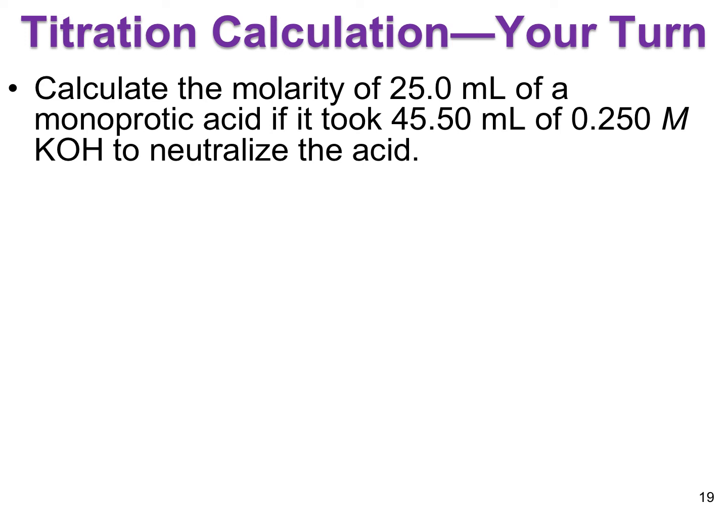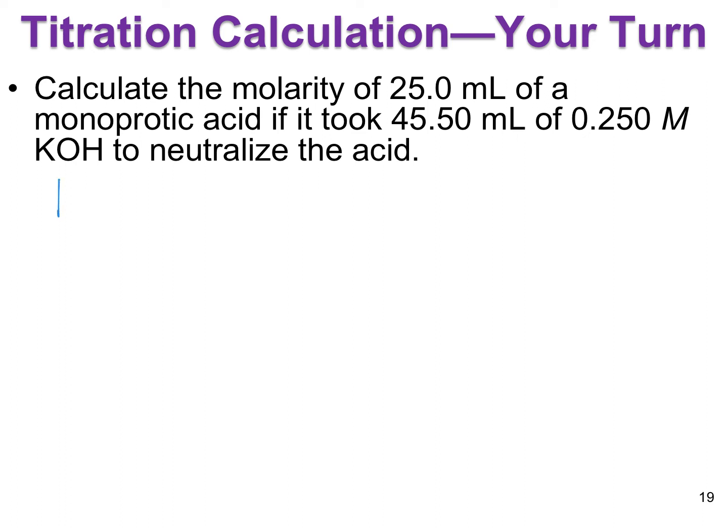Your turn. Calculate the molarity of 25 milliliters of a monoprotic acid if it took 45.5 milliliters of 0.250 molar potassium hydroxide to neutralize the acid.